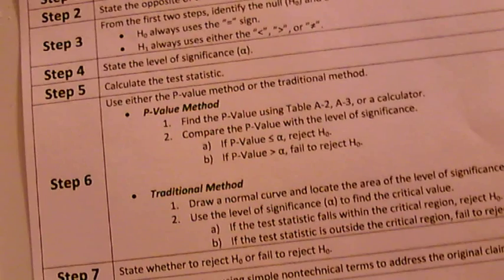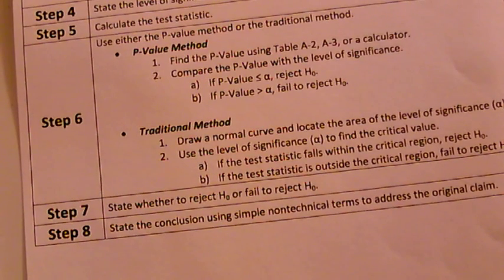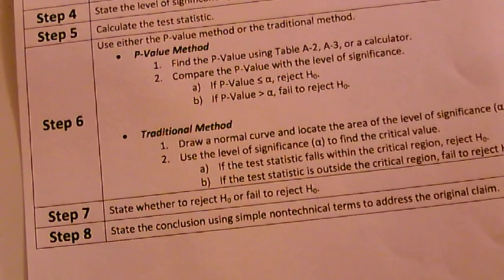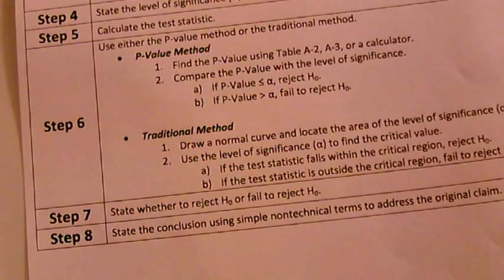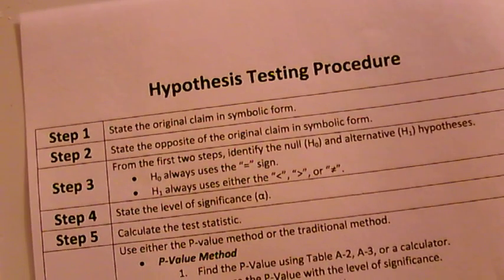Now we'll be following this particular procedure in order to do our hypothesis testing and reach our conclusion. Okay, and this is also on Campus Cruiser for those of you who are taking my online course. Okay, so now let's look at this example.